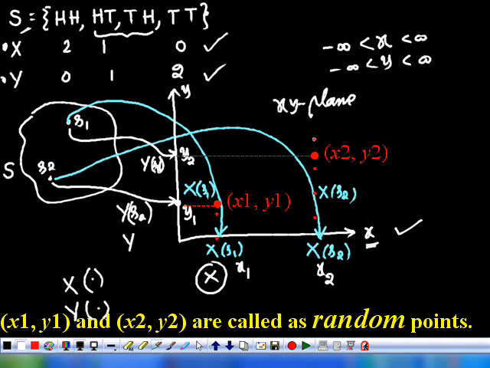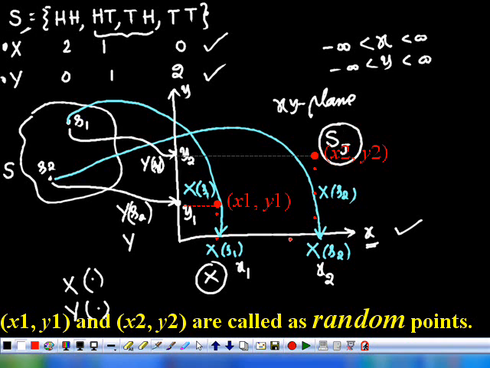This xy plane is normally designated as Sj. Here it is a sample space S, and this is called a joint sample space. Why? Because we have two different random variables, and we are mapping the sample points onto the Sj plane. So this Sj is called the joint sample space.